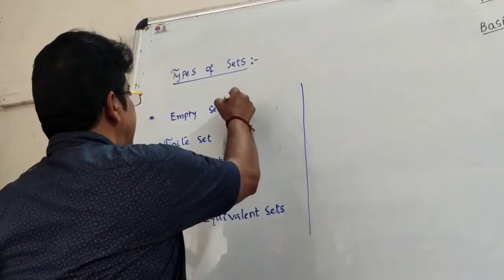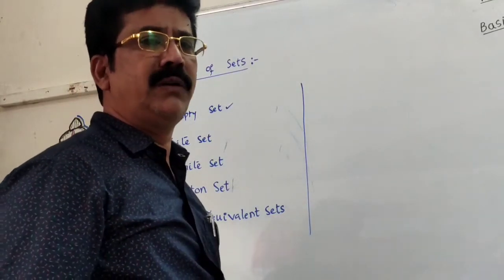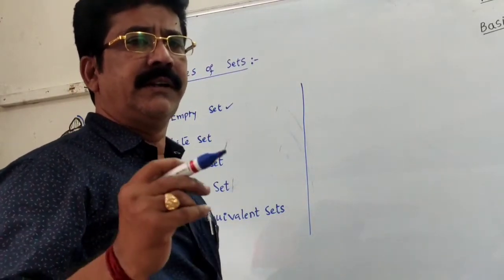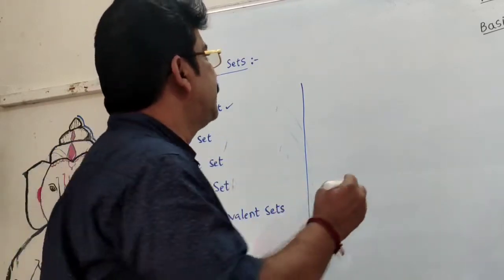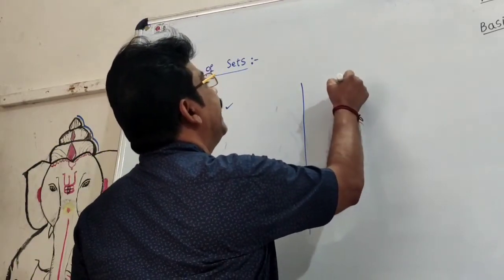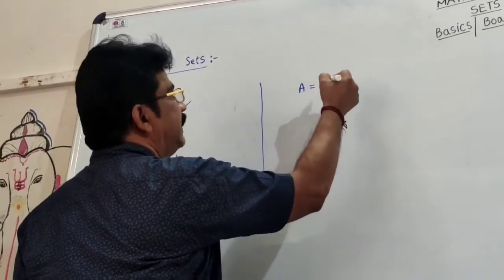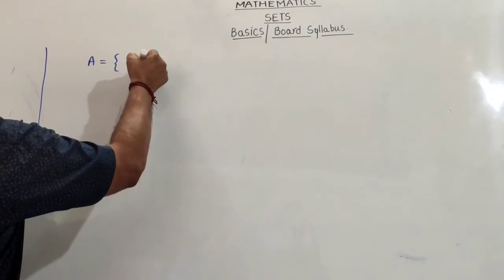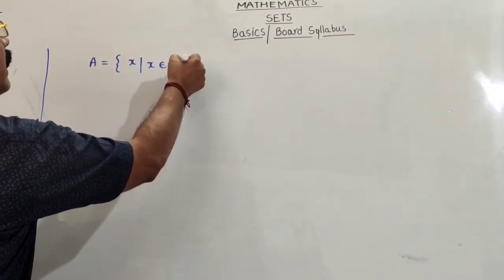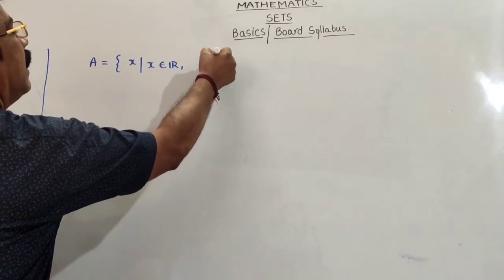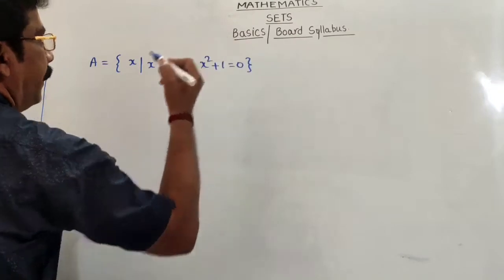First, empty set. Empty set means a set having no elements, which consists of zero number of elements. For example, capital A is equal to the set of x such that x belongs to capital R, x square plus 1 equal to 0.